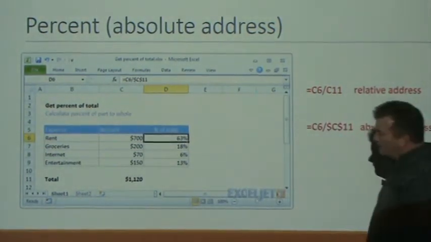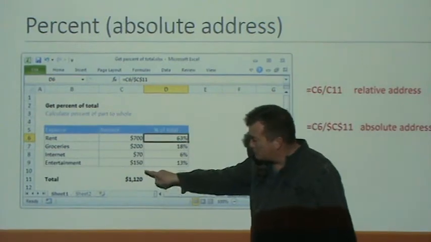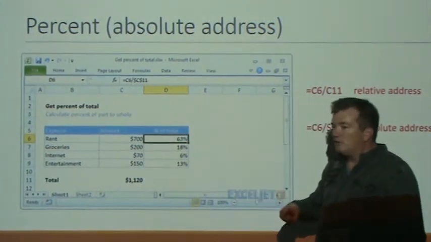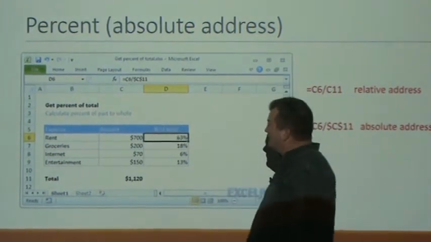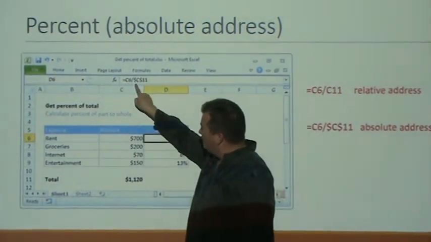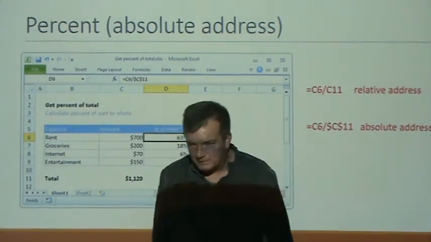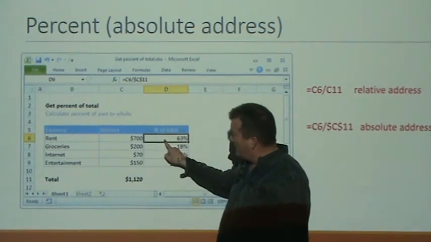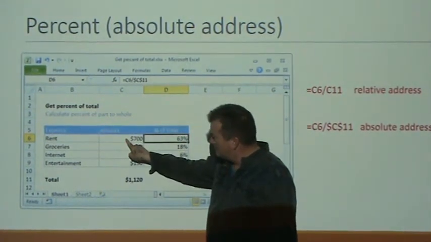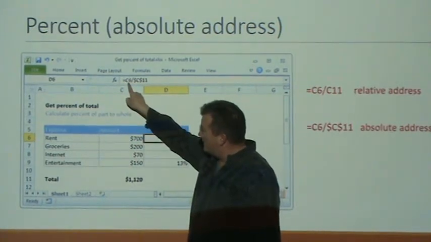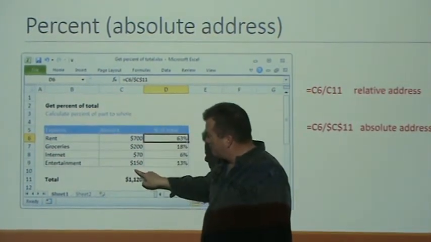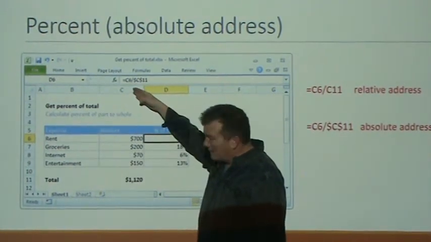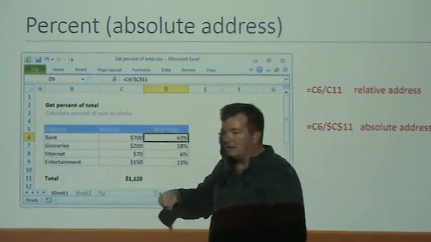So if we wanted to give an address and make it absolute because we plan on copying it, you could make it absolute in Excel by putting a $ in front of either the row or the column or both. So by saying this box is calculated by taking C6, which is a relative address, and dividing it by $C$11, column C, row 11 with a $ in front of it.